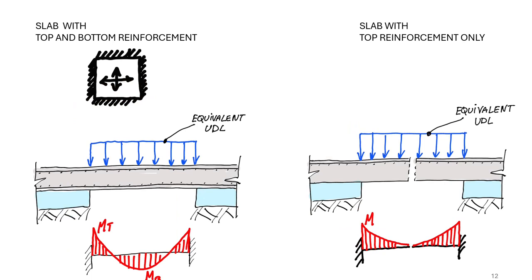In the case of an internal slab, we may have two possible scenarios. One, when we have top and bottom reinforcement in the slab, and second, when we have top reinforcement only. On the left side, I've shown the option where we have top and bottom reinforcement.